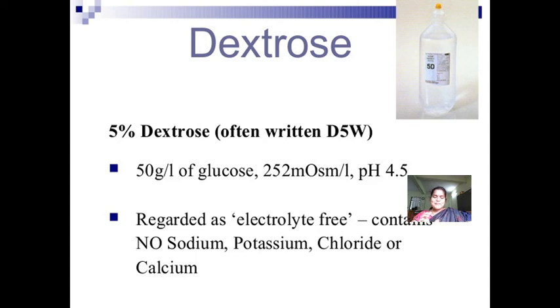So there is 50 grams of glucose in one liter. The osmolarity is 252 milliosmol per liter and pH is 4.5. It is electrolyte free and contains no sodium, potassium, chloride or calcium. Only glucose will be there in this.